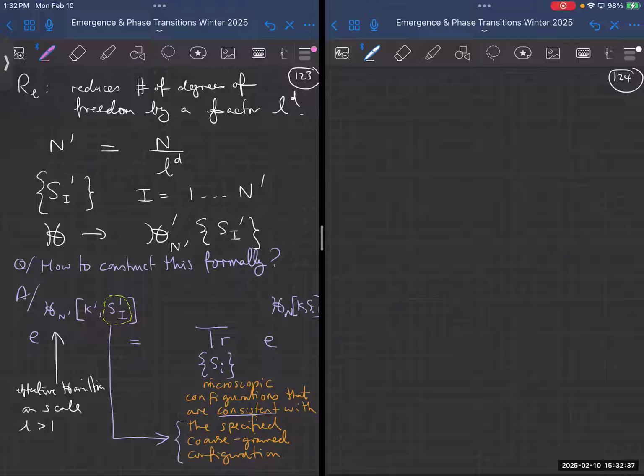So then you might say, well, fine. So how is this effective Hamiltonian related to the thermodynamics?